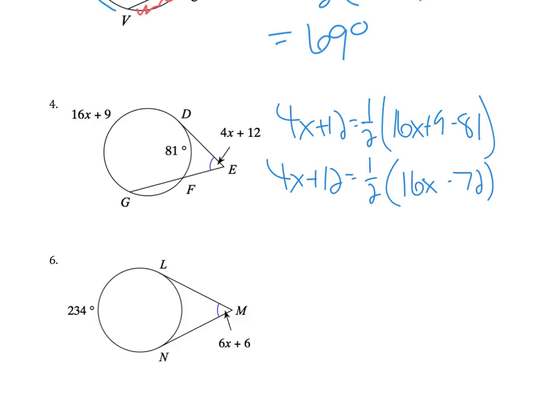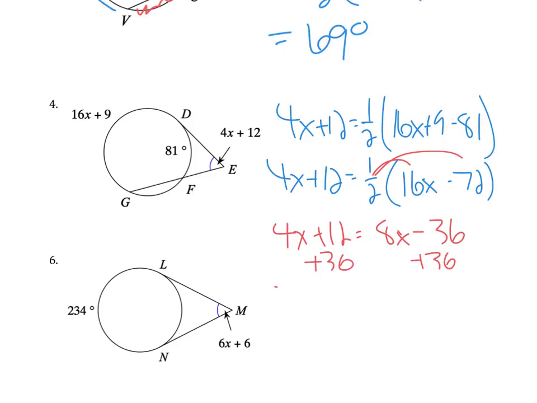So this time I know I'm going to get some nice numbers, so I'll distribute there, and I get 4x plus 12 equals 8x minus 36. So solving, I'm going to add this 36 over, and we get 48, and then subtract 4x.